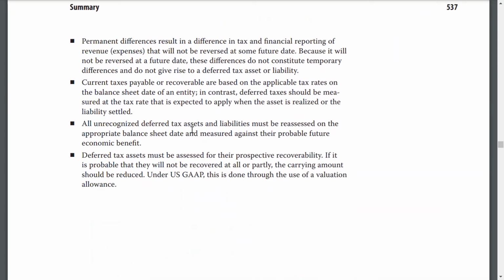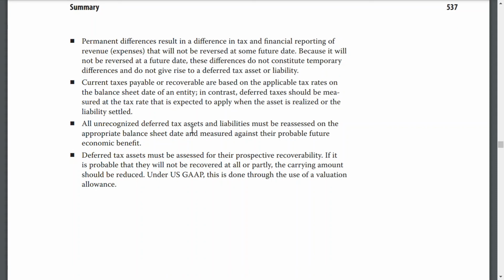Permanent differences result in a difference in tax and financial reporting that will not be reversed at some future date. These differences do not constitute temporary differences and do not give rise to deferred tax assets or liabilities.